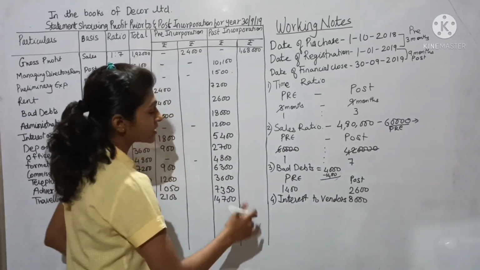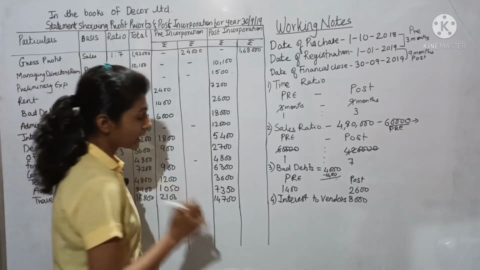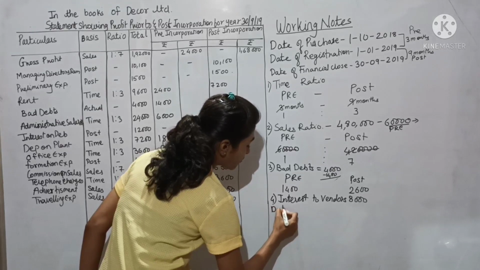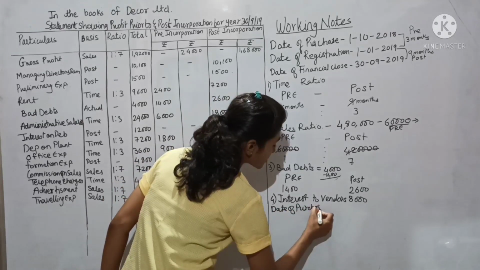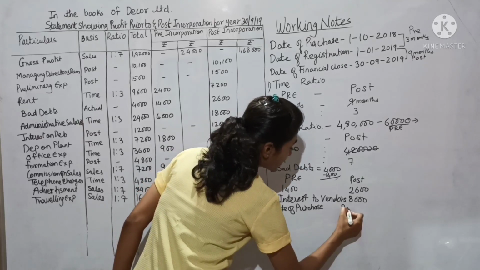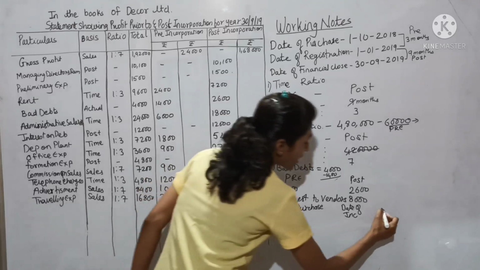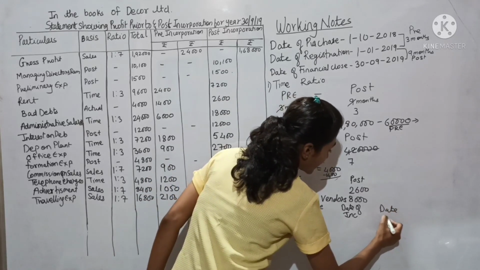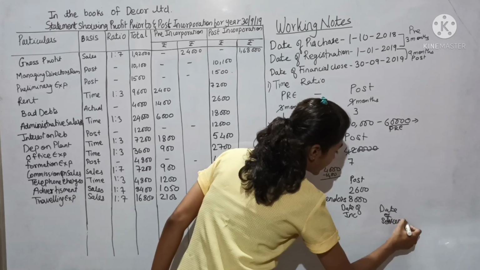So for this adjustment we have to write the 3 dates: date of purchase, date of incorporation, and date of settlement. Settlement means the end date.